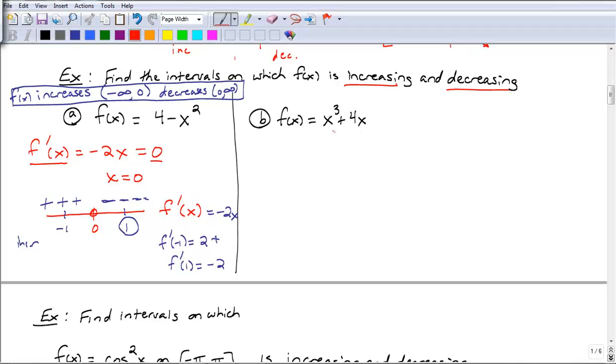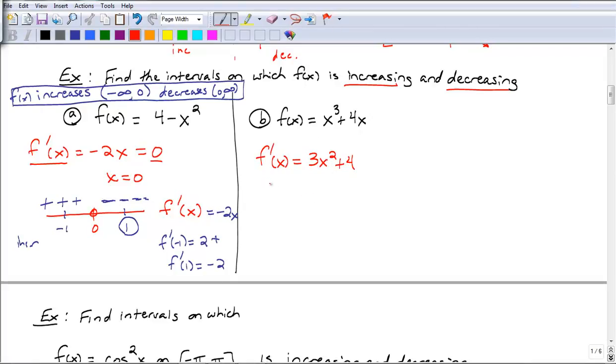We can do the same thing with this function. We're going to figure out where the derivative is 0, or it's not doing either, put it on a number line, and check to figure out where the derivative is positive or negative. So first I find the derivative. Now I don't have to worry about vertical asymptotes or anything like we had in the picture.